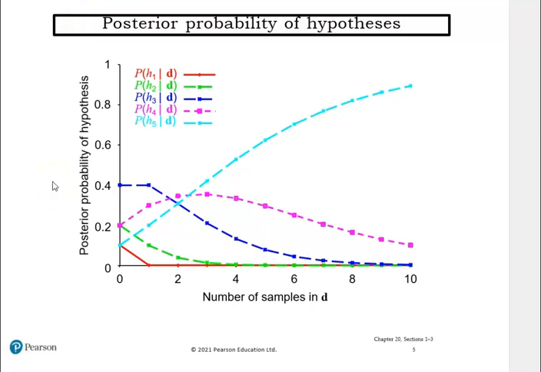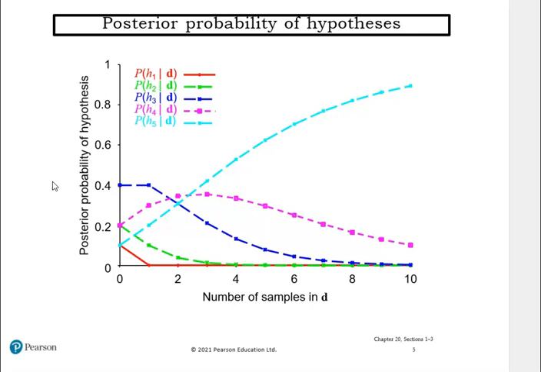So this example shows that Bayesian prediction eventually agrees with the true hypothesis. And this is a characteristic of Bayesian learning, actually. So for any fixed prior that does not rule out the true hypothesis, the posterior probability of any false hypothesis will eventually go to zero.